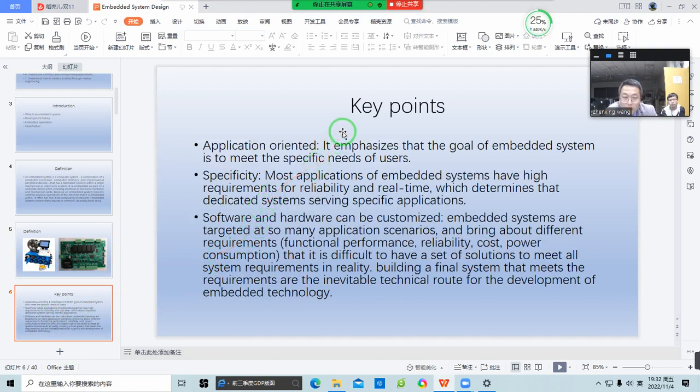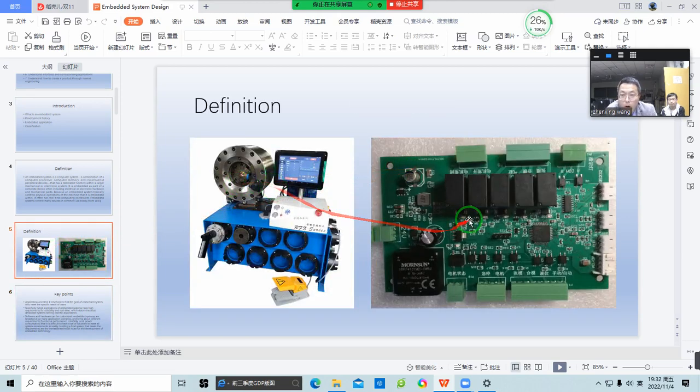So what does the embedded system emphasize? First, it's application-oriented. The goal of the embedded system is to meet the specific needs of users. For example, the goal of this PCB board is only to fulfill the requirement of the rivet machine.